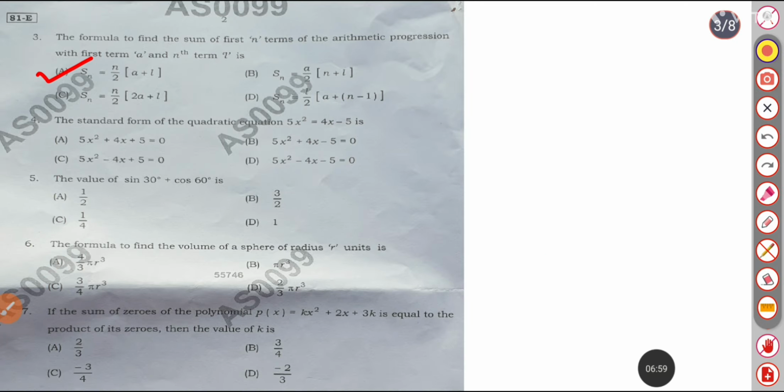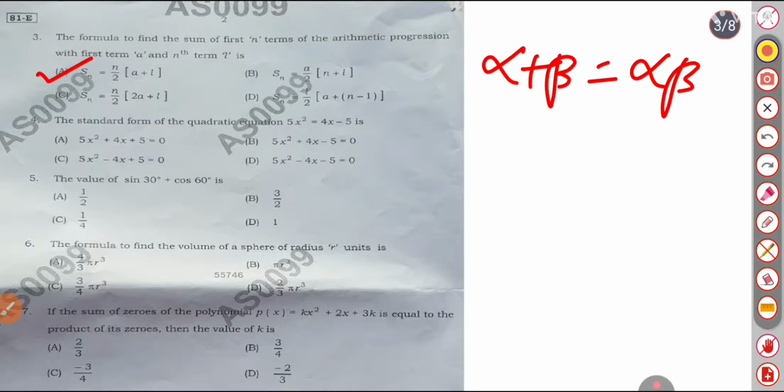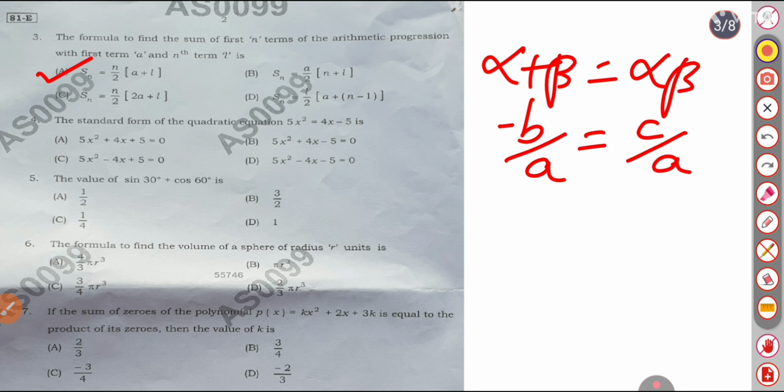See, I am solving here. Alpha plus beta is equal to alpha into beta. Here alpha plus beta is what? Minus b by a. Alpha beta is what? C by a. In this equation, minus b is what? 2. So minus 2 by a is what?